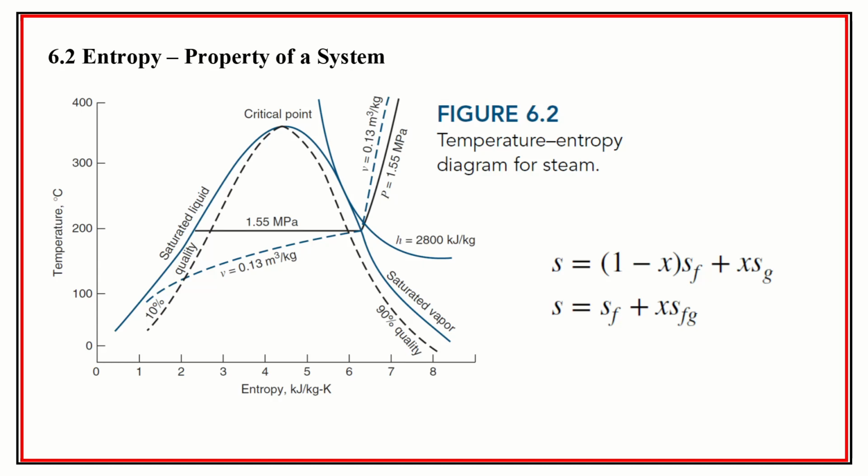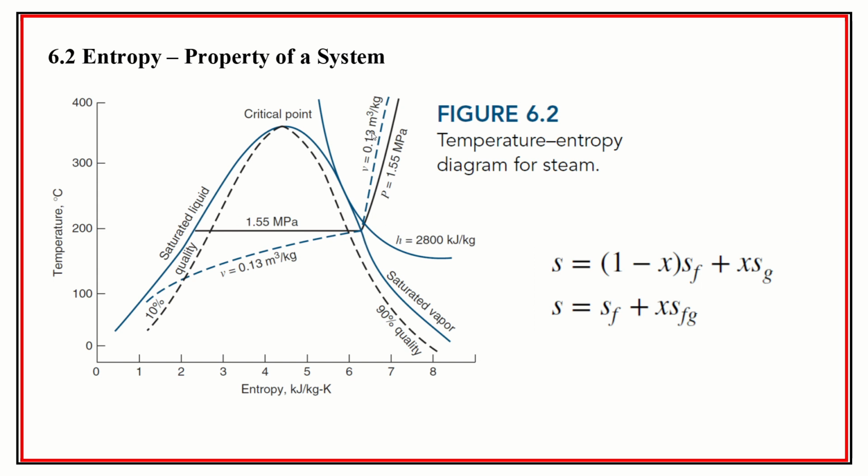All right, so we're continuing on with class 20, and at the end of the last video we talked a little bit about entropy as a property that we can look up in tables and in figures, and we introduced the TS diagram, which is important to us. We can look up in tables, knowing the quality of a mixture, if that's what we happen to have.